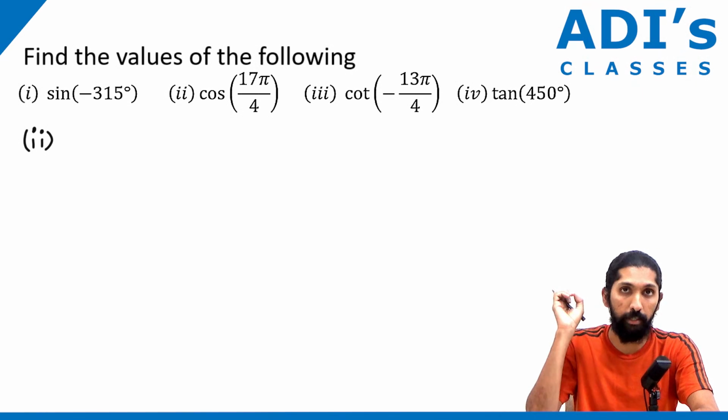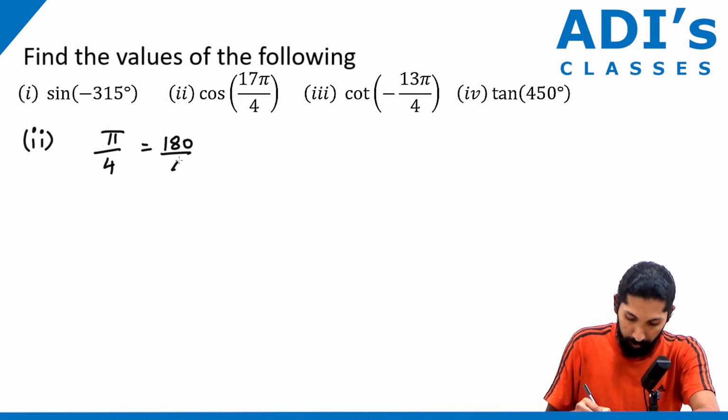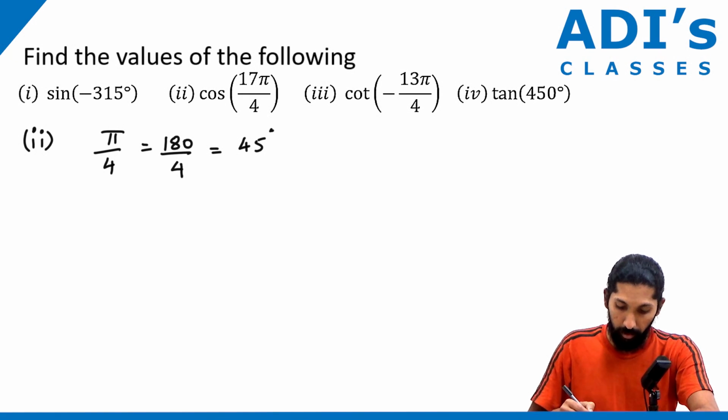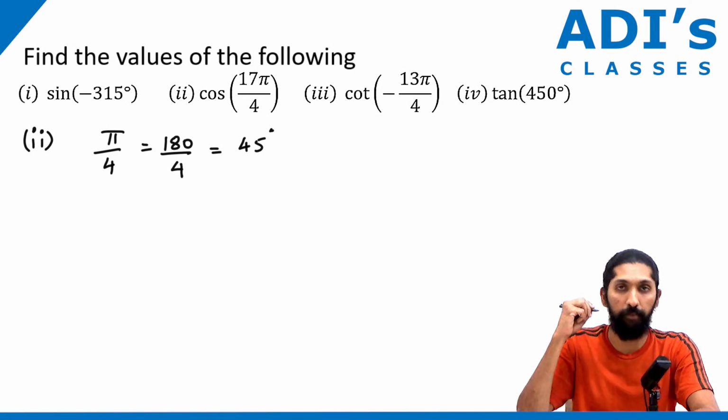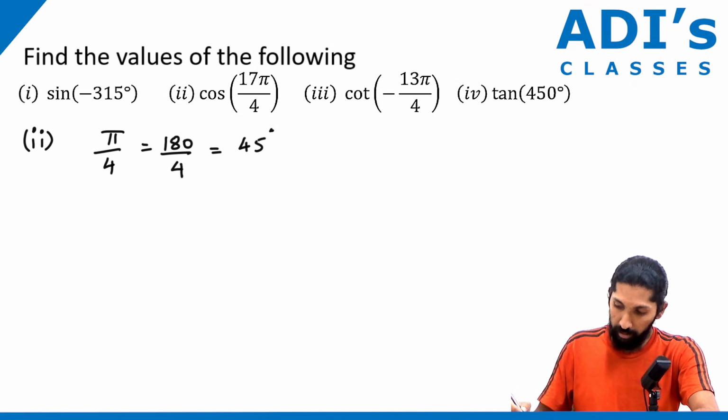For this, how much is pi by 4? Always we'll start with that. Pi by 4 is 180 by 4, which is 45. So pi by 4 is 45. Let's make a simple, quick sketch of how it might look.